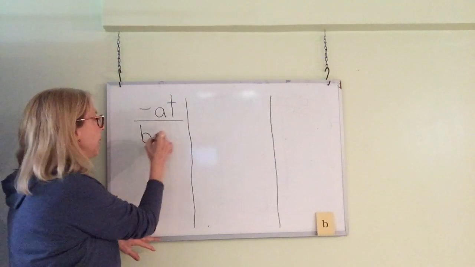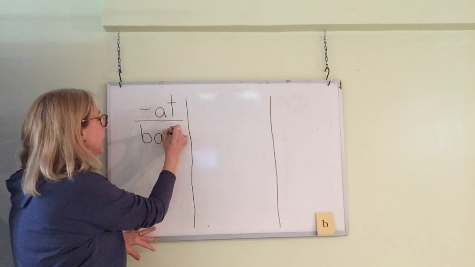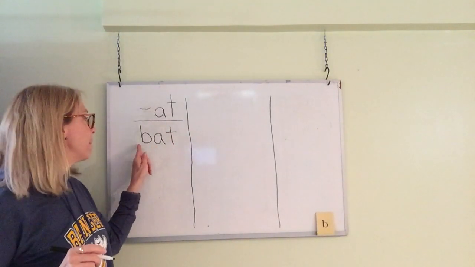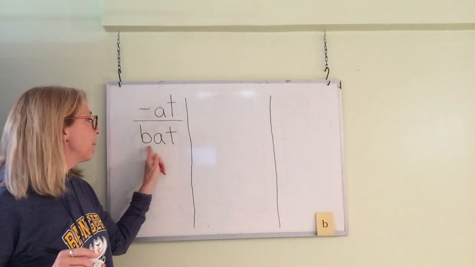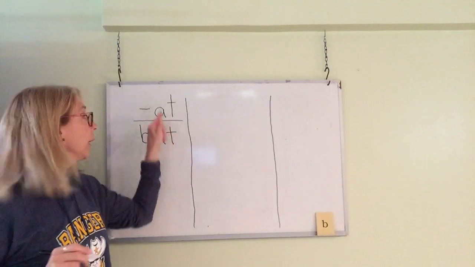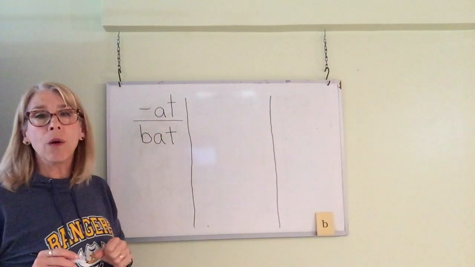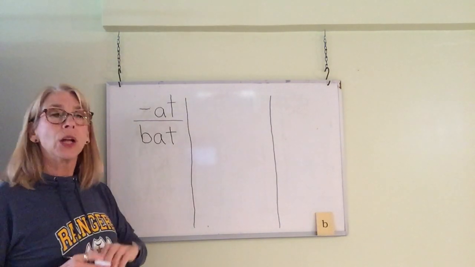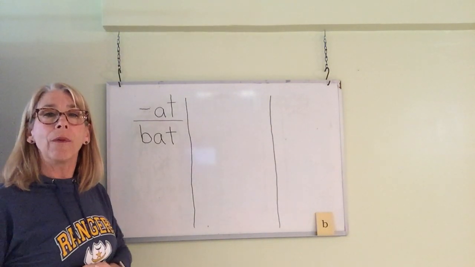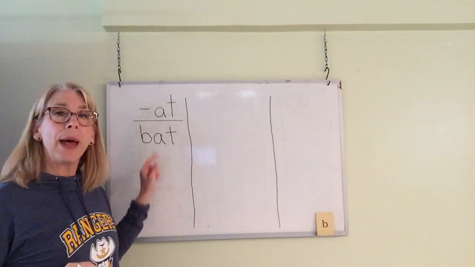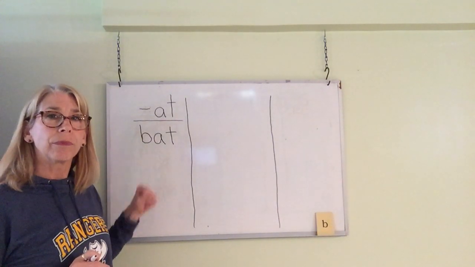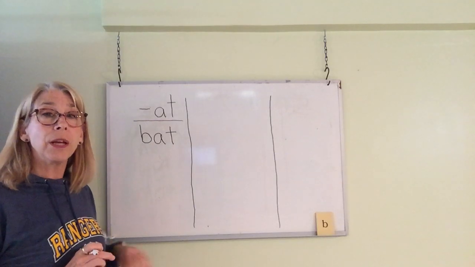So there's my B, A, T. So I have made the word bat. So I'm using the word part that I know, that at family, to help me make the word bat. So go ahead and write your word now. Be sure to make the belly B in front. And again, if you need to pause the video, do that.